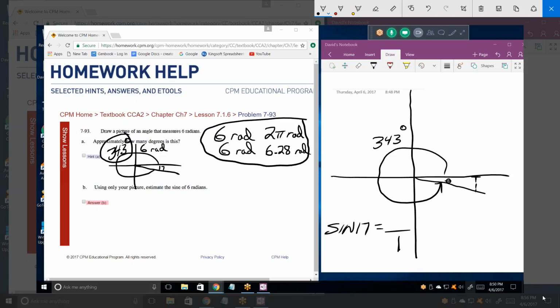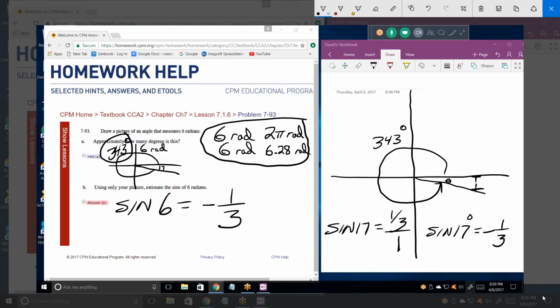If my hypotenuse is 1, this measurement looks to be about a third. So I'm going to estimate that the sine of 17 degrees is a third, but it's in the fourth quadrant. What is its plus or minus sign? Negative. So the sine of 6 is guessing negative a third.